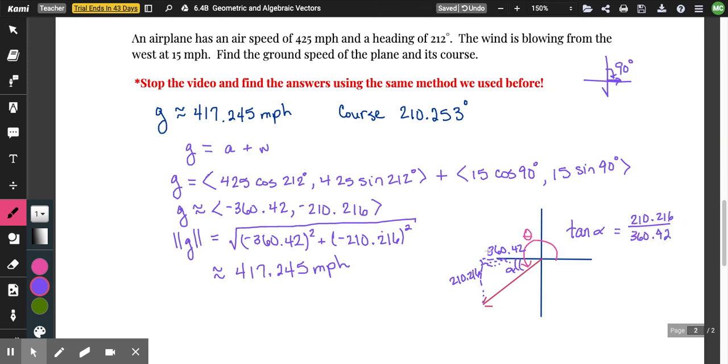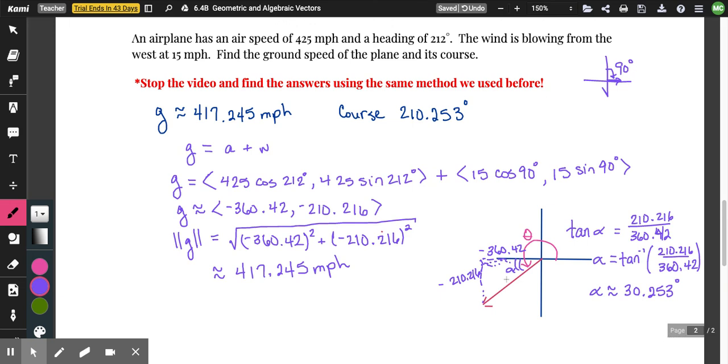Now those were both negative, of course, when I first wrote them, but negative divided by negative is positive, so I just left the negatives off. Now to solve for alpha, I would take the inverse tangent of that quotient. My 4 keeps coming out looking like a 9. That's dangerous. All right, so I would put that in my calculator, and that gives me approximately 30.253 degrees.